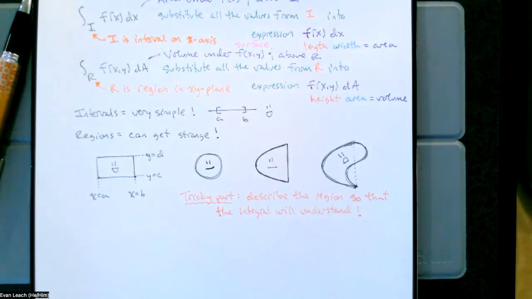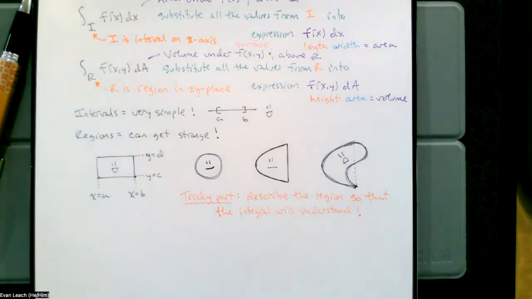Let's simplify this tricky part. The simplified version of the tricky part is we're just going to kind of do the same thing that we did with the interval. We're just going to say what's x between and what's y between.